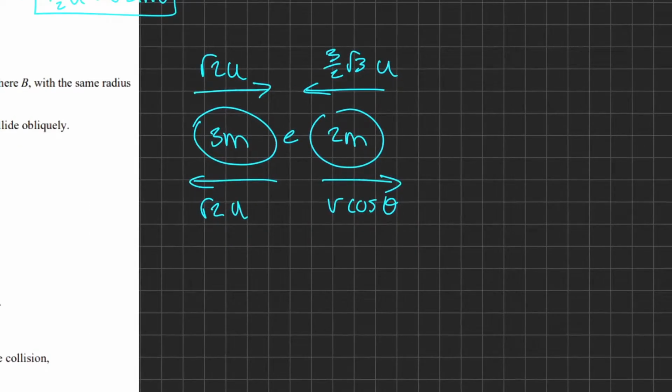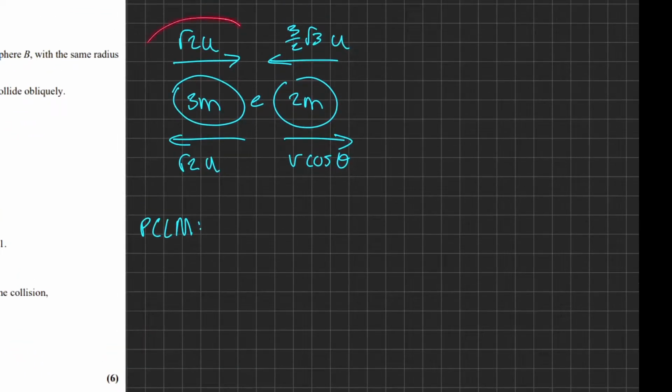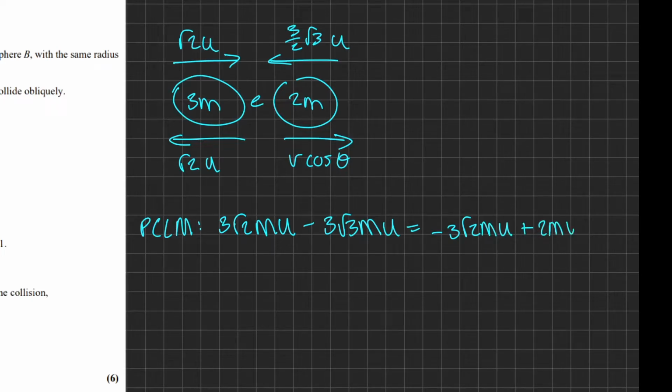What we can do now is use the conservation of linear momentum to form an equation. The momentum before is the momentum after, so 3 root 2 mu minus 3 root 3 mu equals minus 3 root 2 mu plus 2 mv cosine theta.